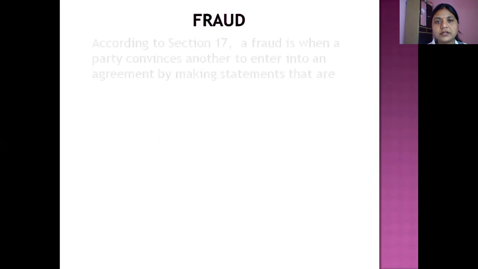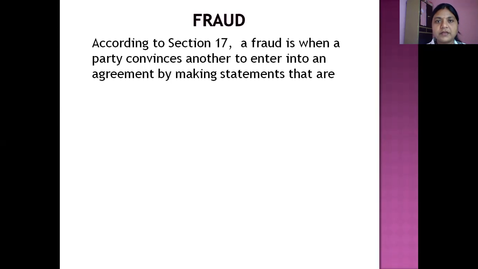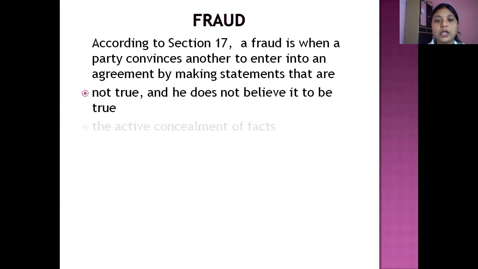Now, fraud, the third element of consent not being free. Fraud is when a party convinces another to enter into an agreement by making statements that are not true, and he also does not believe them to be true. Also, active concealment of facts. What is active concealment of fact?